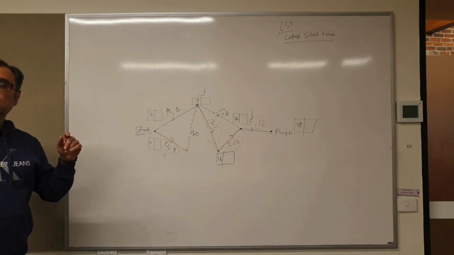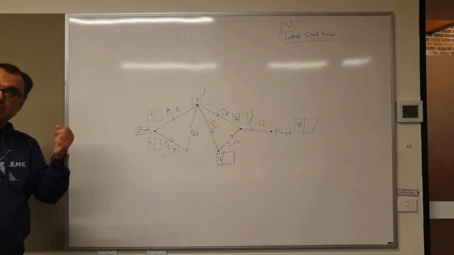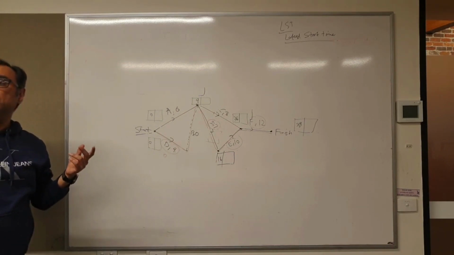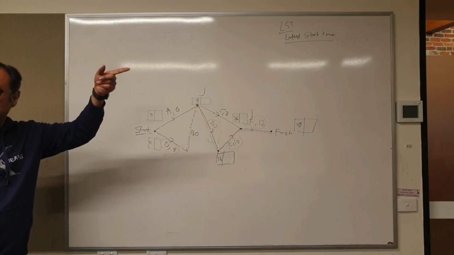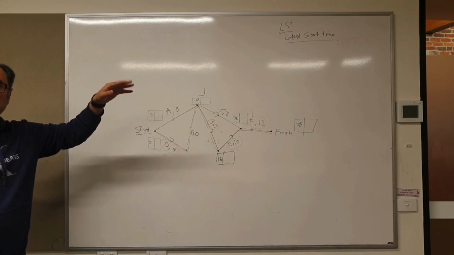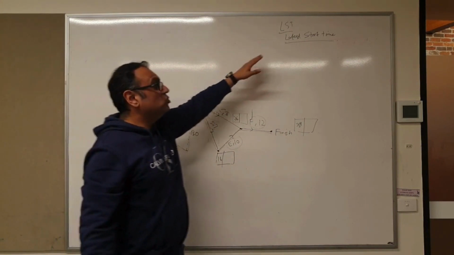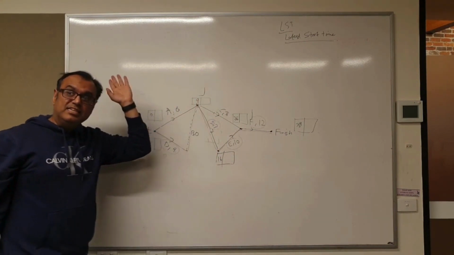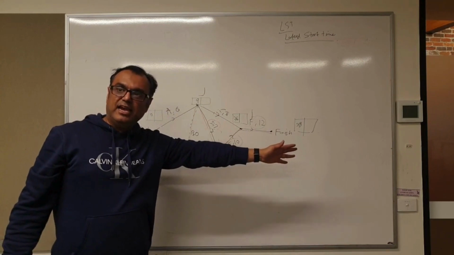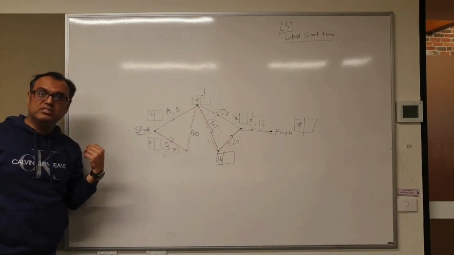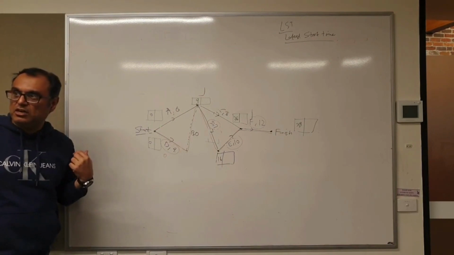I said the earliest he can download is at the first minute, and the latest he can download without impacting anything is the 6th minute, because at the 7th, 8th, and 9th minute, you need to read the email and so on. So the latest is how far you can delay the activity. That's the latest start time. And how soon you can start any activity is the earliest start time.